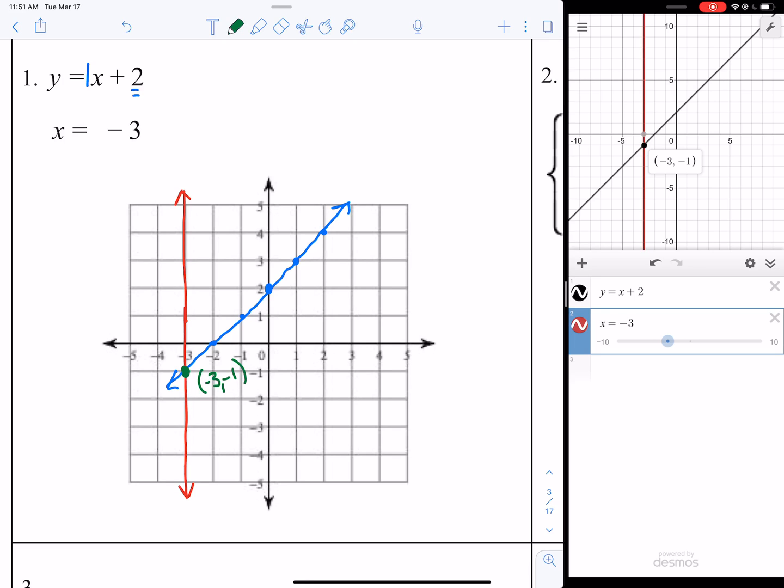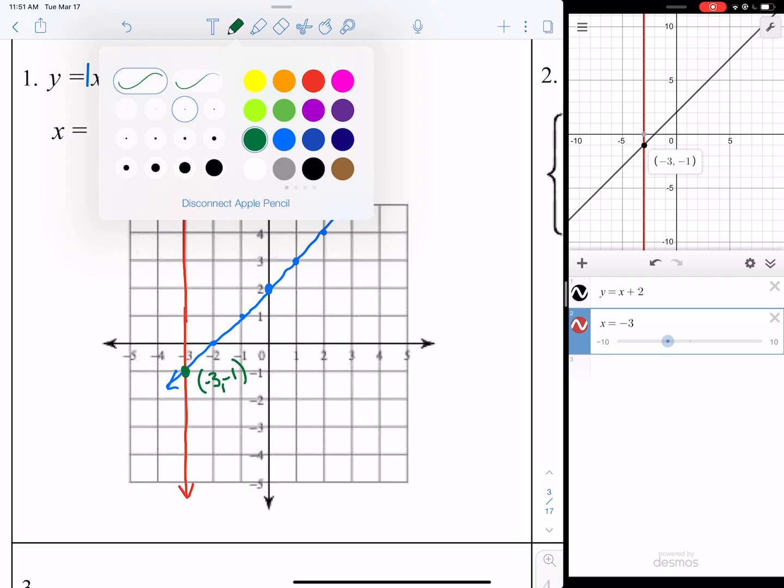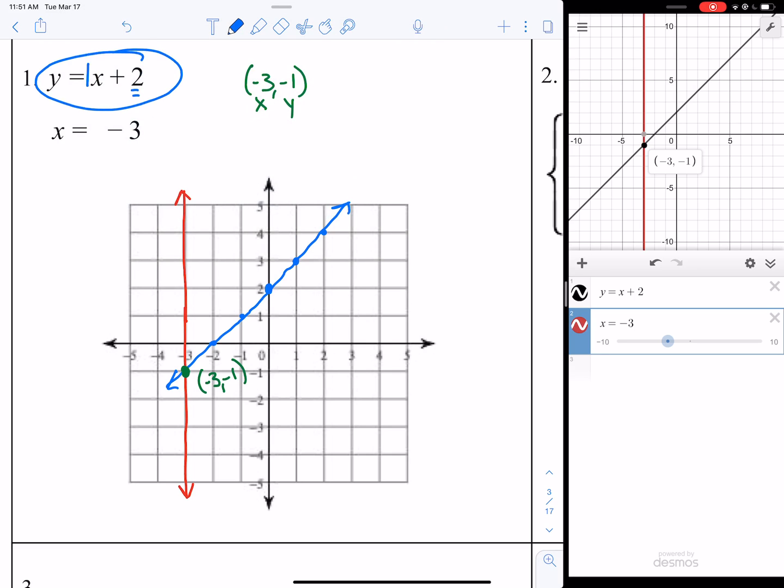And then we can also use what you saw in the example on the notes. We can plug in x equals negative 3 and y equals negative 1 into our equations and make sure that they make sense. So if I plug it into this first equation, I can say y equals negative 1 when x equals negative 3, and just check that that would be a true statement.